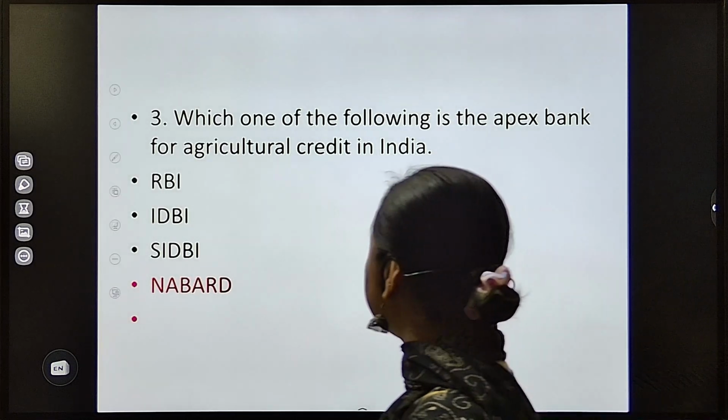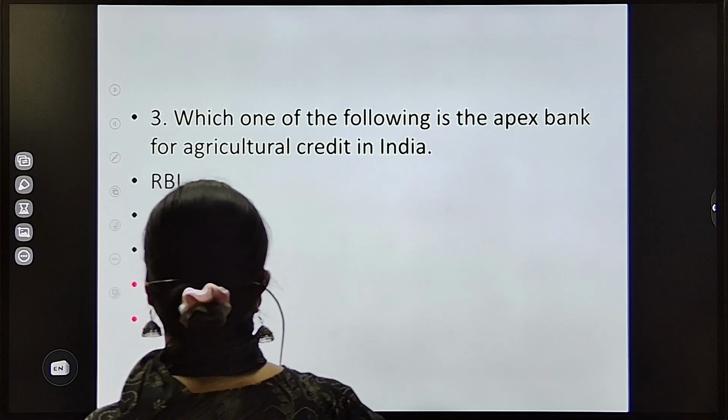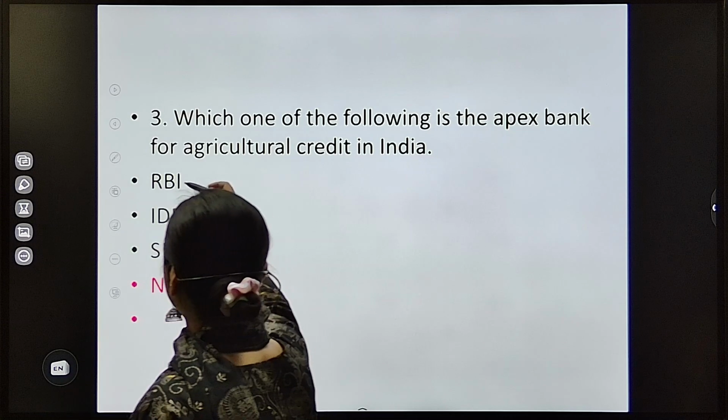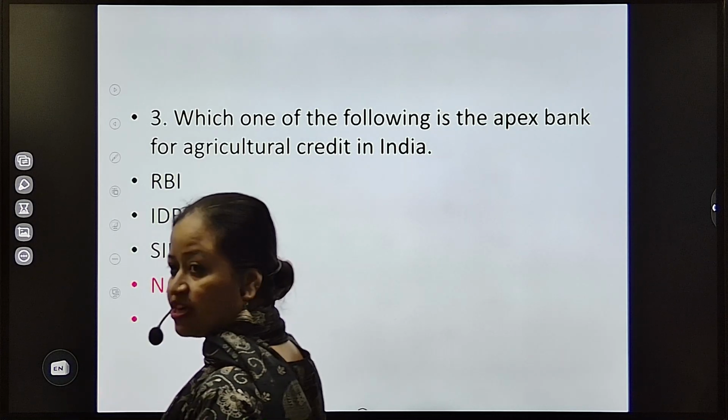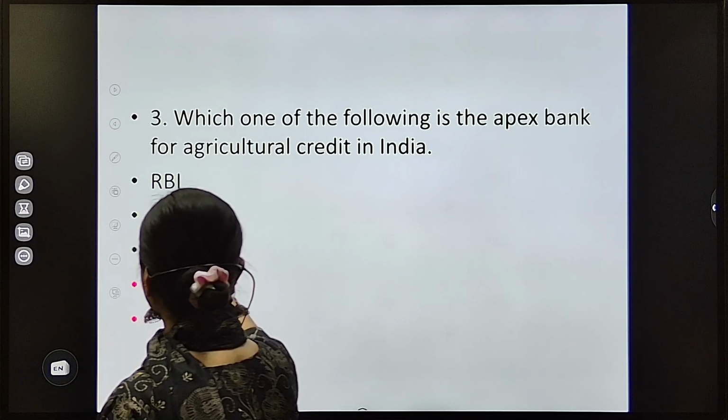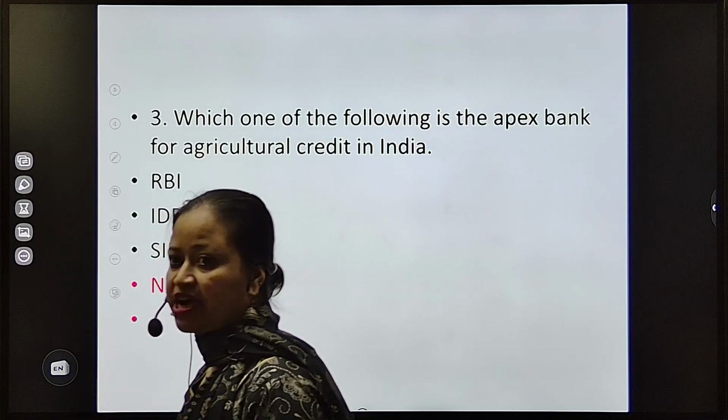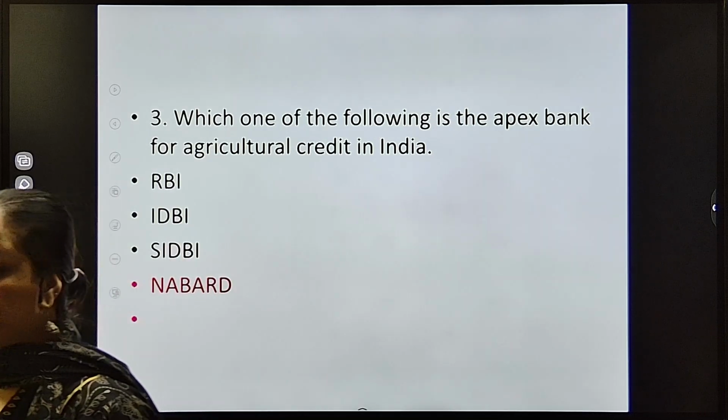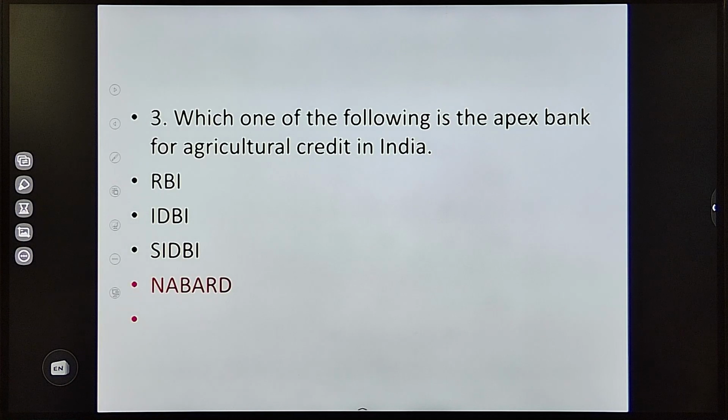It is obviously not RBI. IDBI is your development bank, and it's not SIDBI. It is NABARD. Remember, the Apex Bank for Agricultural Credit is NABARD. What is the full form of NABARD?